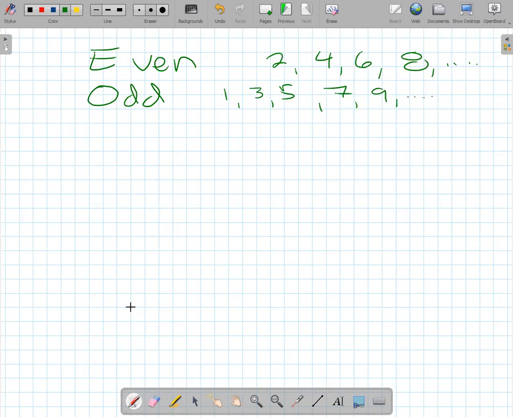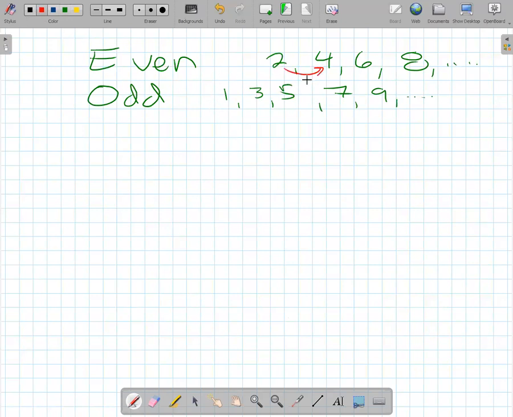Even and odd are interesting because they both have something in common. How far apart are the numbers in pairs in both these lists? They're 2 apart. So if you said, I got a list of numbers and they're all 2 apart, can you tell me which list I'm talking about? No, it could be evens, could be odds, could be some in-between group.